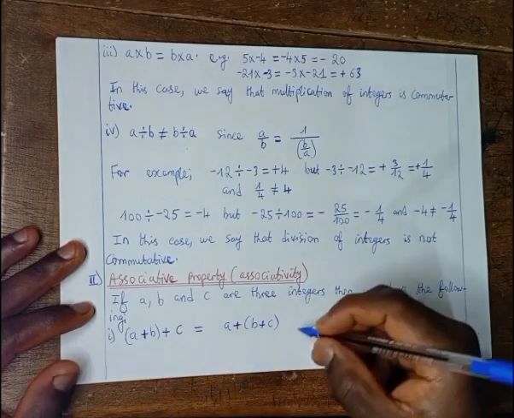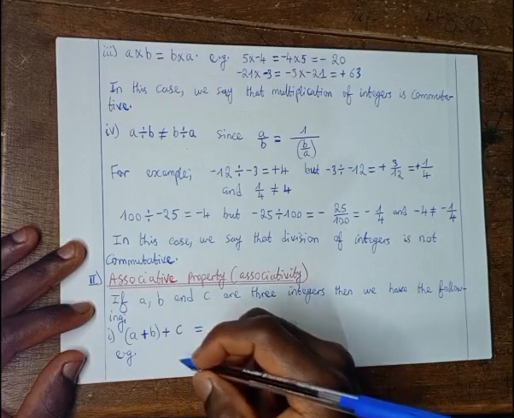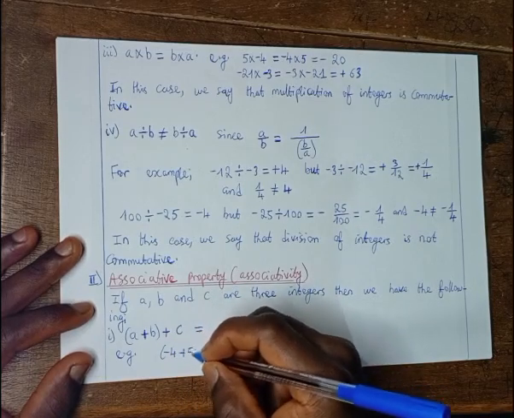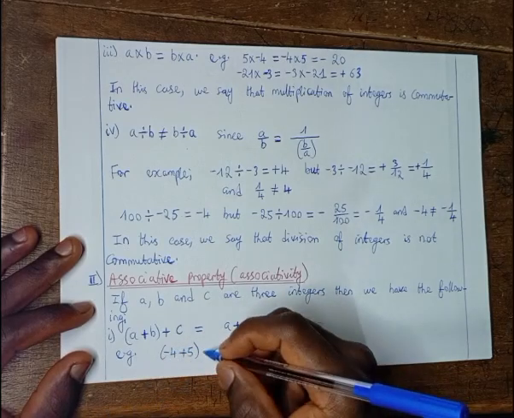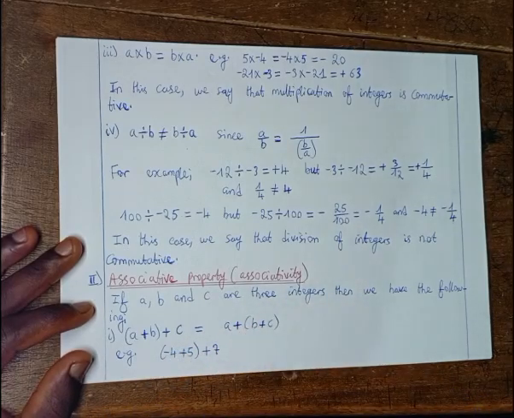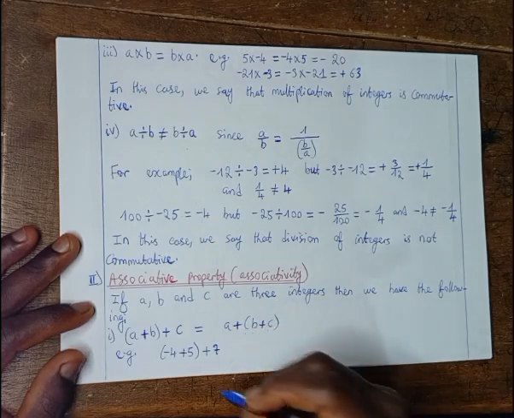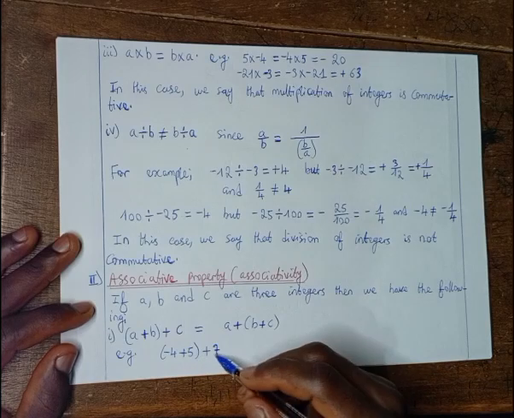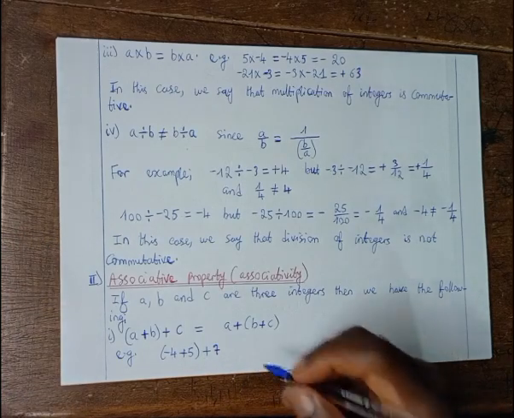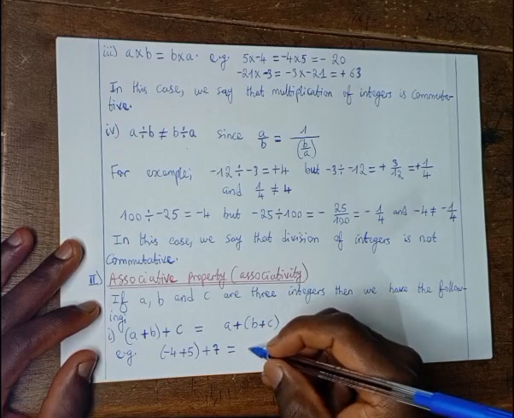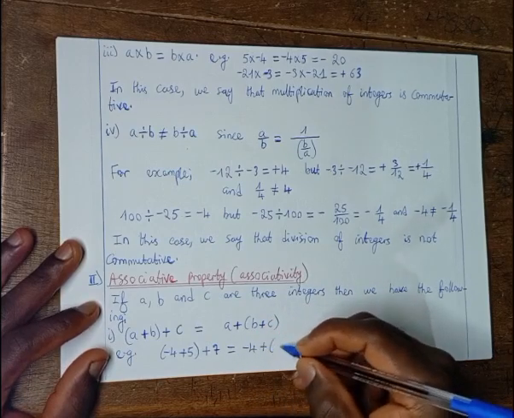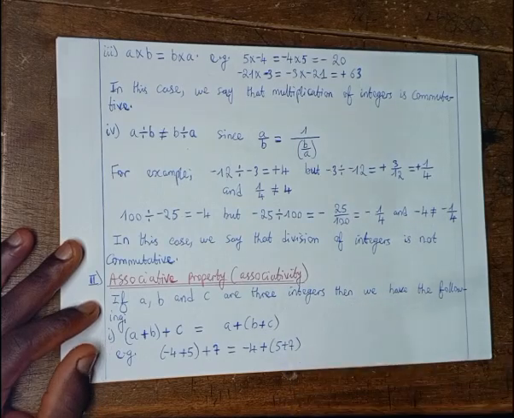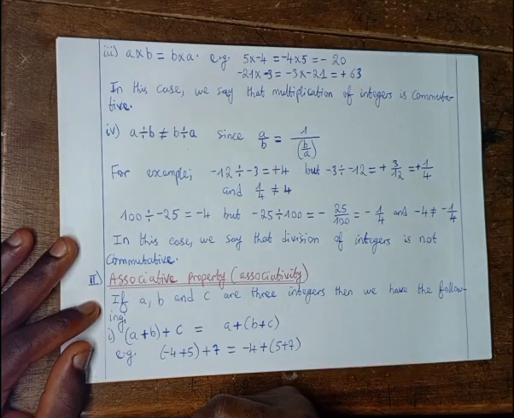Let's take for example negative 4 plus 5 plus 7. Negative 4 plus 5 gives us 1. 1 plus 7 gives us 8. This will be the same as negative 4 plus the result you get when you add 5 plus 7. 5 plus 7 gives us 12.